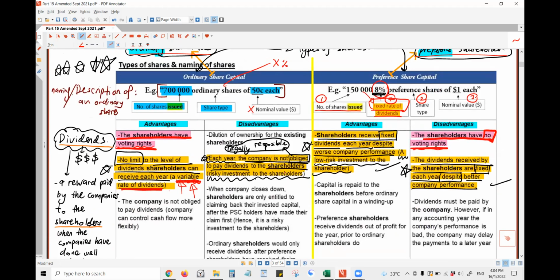Because it's variable. If the company has done well in a year, then ordinary shareholders would receive higher dividends. Okay, and the other way around means lower dividends. But preference shareholders don't care. Preference shareholders would still get fixed dividends every year. Okay, and now today we continue on to the next point between these two types of shares.